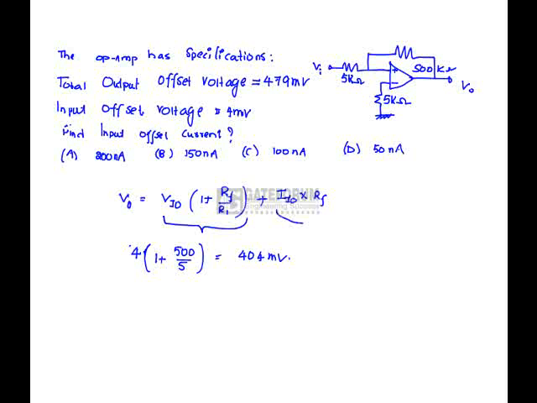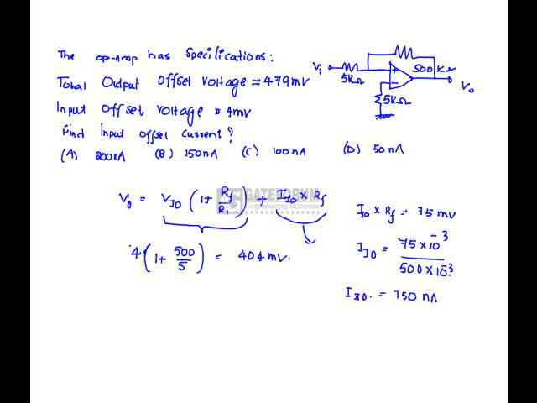So the offset output voltage contributed by the input offset current, that is IIO into RF, is equal to 75 millivolts. So the input offset current is 75 into 10 power minus 3 divided by 500 into 10 power minus 3, so 150 nano amps is the input offset current. Hence option B is correct.